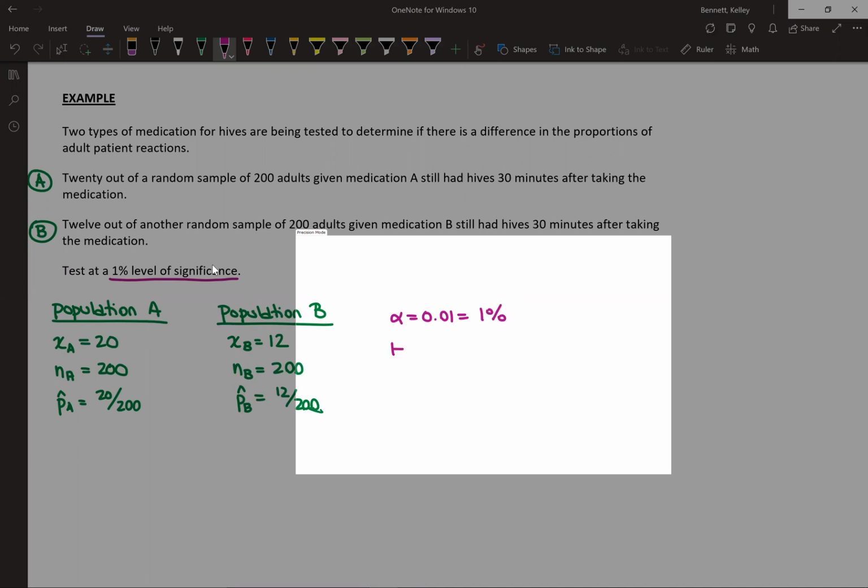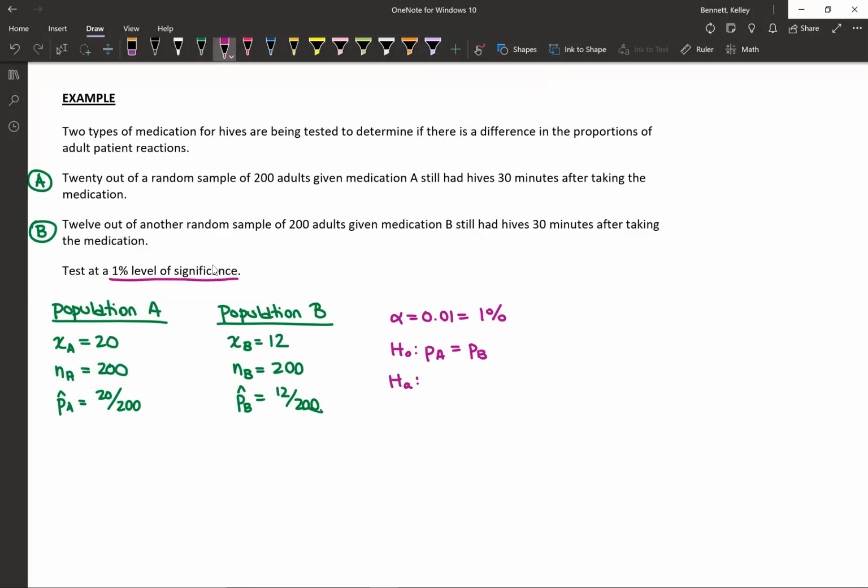And then I want to set up my null and alternative hypotheses, because while I know that my null is always the assumption of no difference between the populations, I need to understand how the alternative hypothesis is structured in order to figure out, is this left tail, is this right tail, or is this two-tailed?